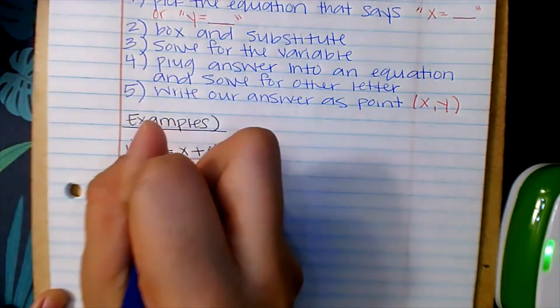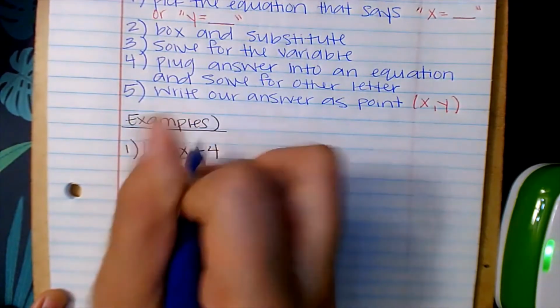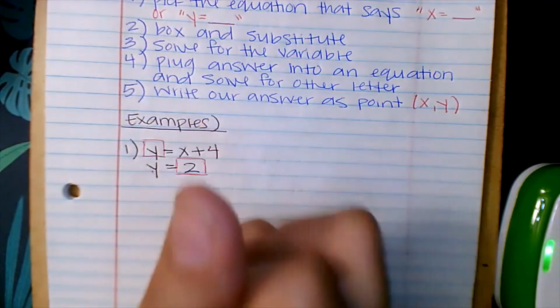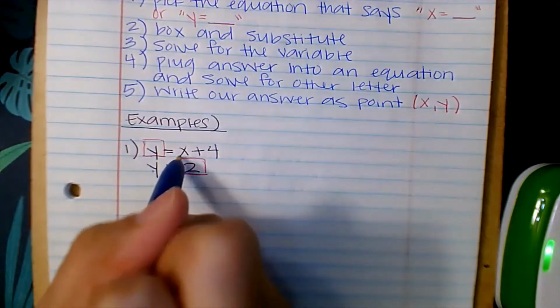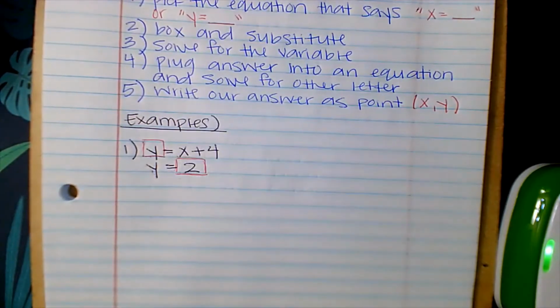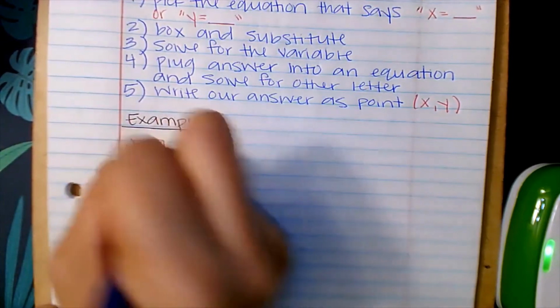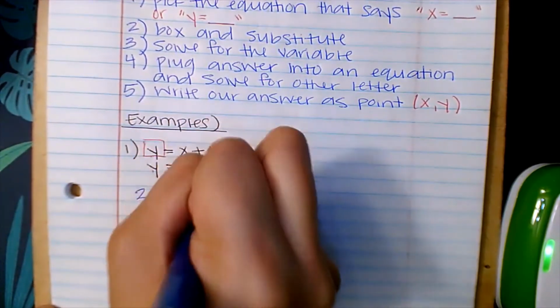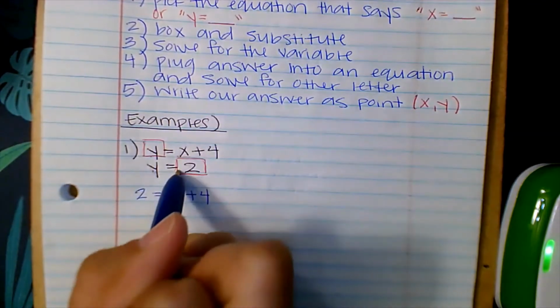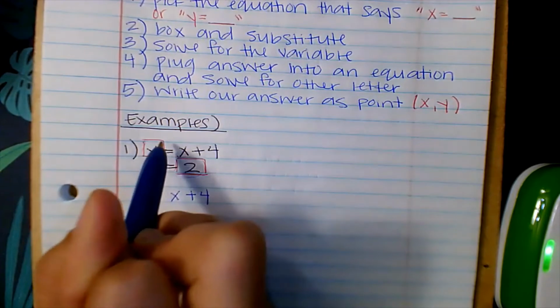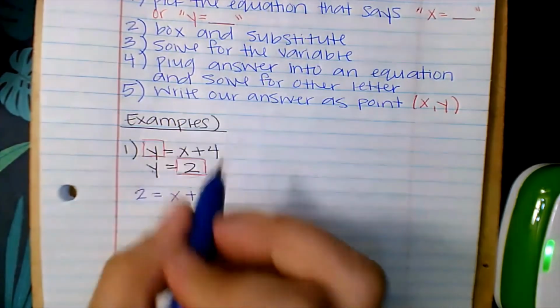So now, instead of having y is equal to x plus 4, I'm going to have 2 is equal to x plus 4, because we know that y is equal to 2.